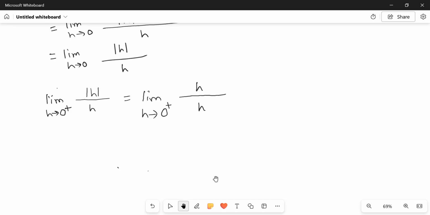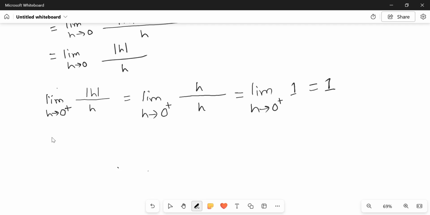So this will be equal to limit h tends to 0 plus of 1.